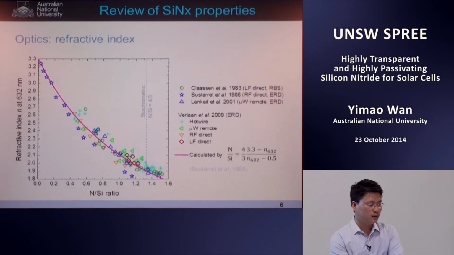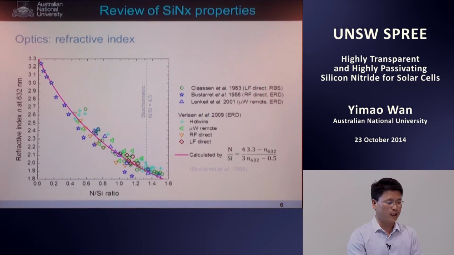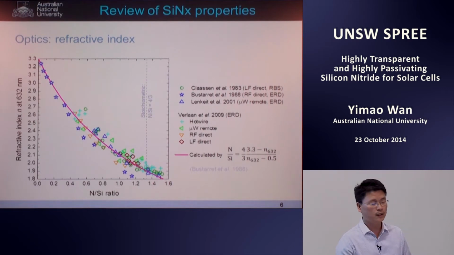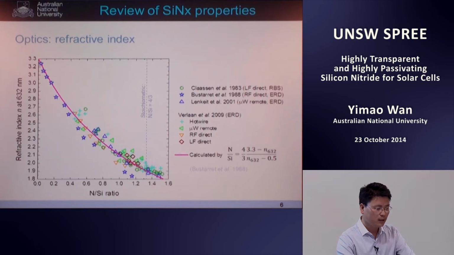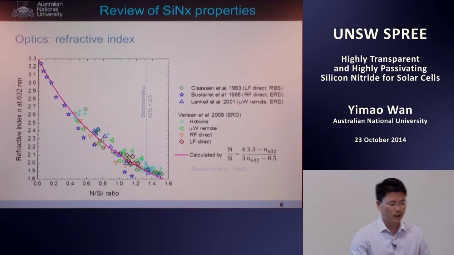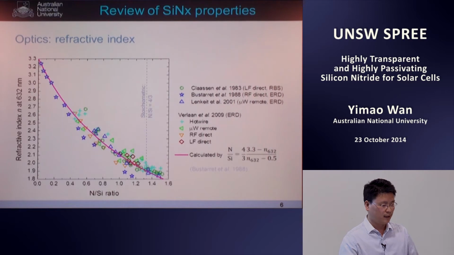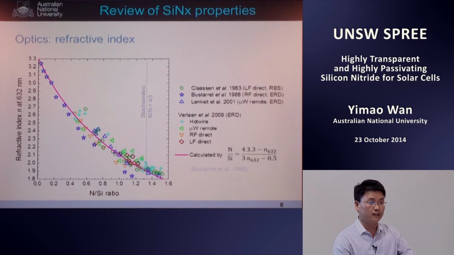This section will show a fundamental review of silicon nitride properties, including the optical property, the chemical structure, and some electronic properties. The first one is the optics. The refractive index is plotted as a function of the nitrogen to silicon atomic ratio. The atomic ratios here were taken from the literature, experimentally determined by either RBS or ERD, again with several different deposition techniques.